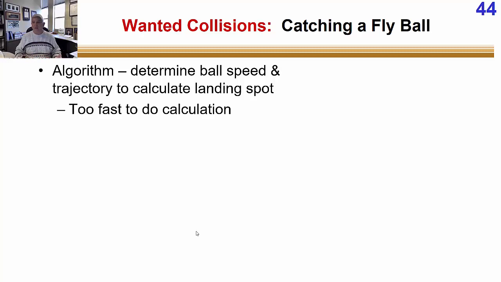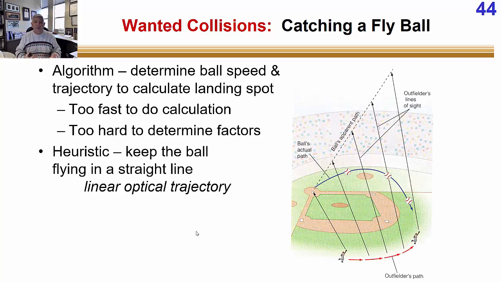So when we can't use an algorithm, what do we use? Heuristics, yes, heuristics, right? So it's too hard to determine the factors. So there's actually a heuristic that outfielders learn. They initiate movement as soon as it is apparent that the ball is going up, right?